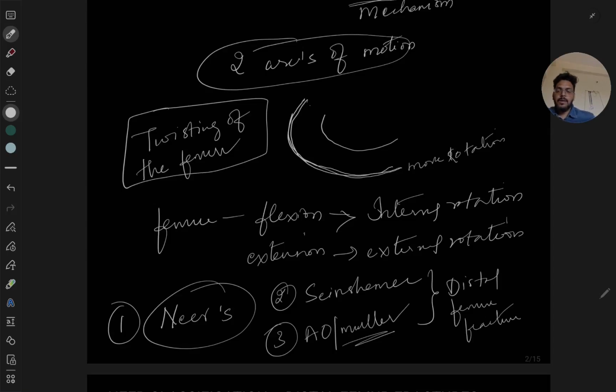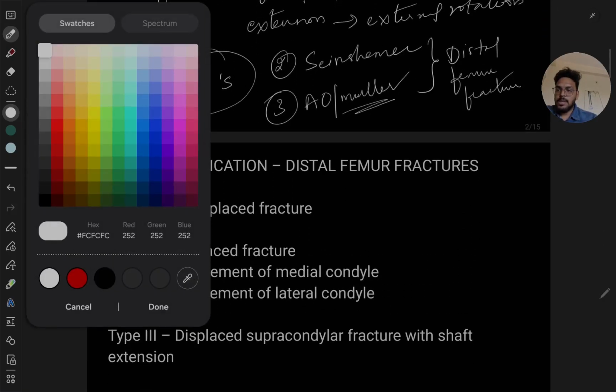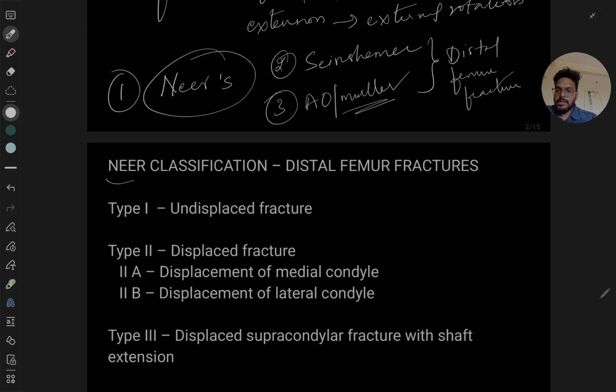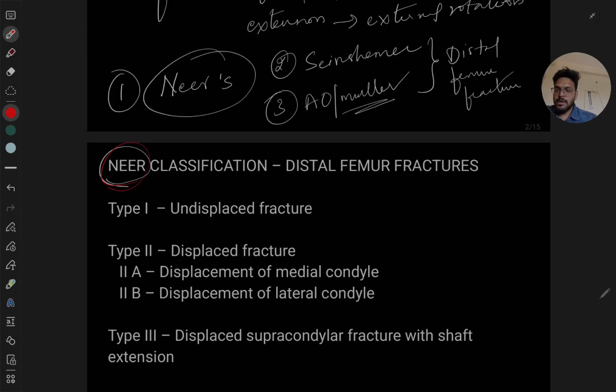Now we'll see the Neer classification. There are only 3 main types: the undisplaced type, the displaced type, and the displaced supracondylar fracture with shaft extension.